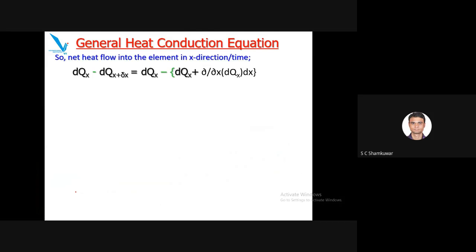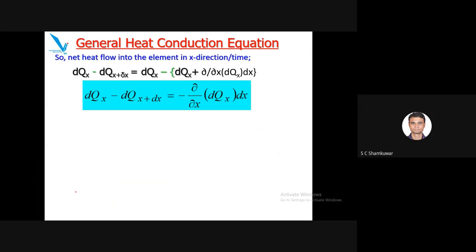Now, if you consider the net heat flow into the element in x direction, that will be what? dQx minus dQx plus dx. And what is dQx plus dx that we have calculated?